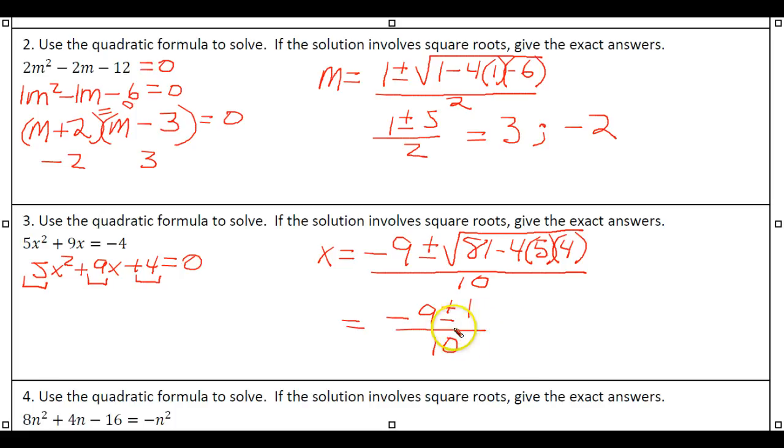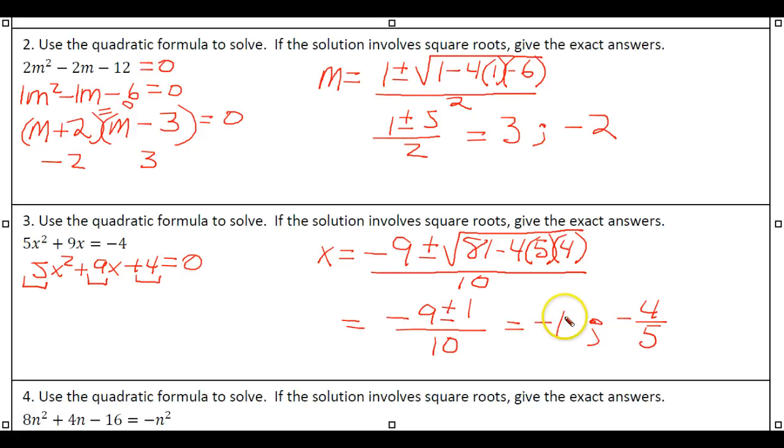So, as we look at that, we have a negative 9, and a negative 1 is a negative 10 divided by 10. That's going to be a negative 1. And if we have negative 9 plus 1, that's a negative 8 over 10. That's going to be a negative 8 over 10, which is a negative 4 over 5.